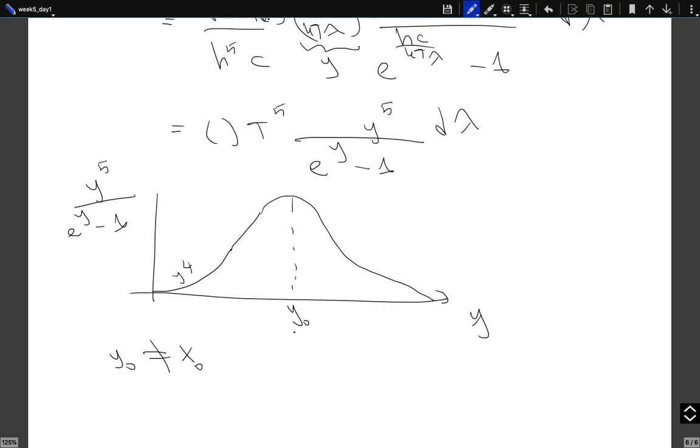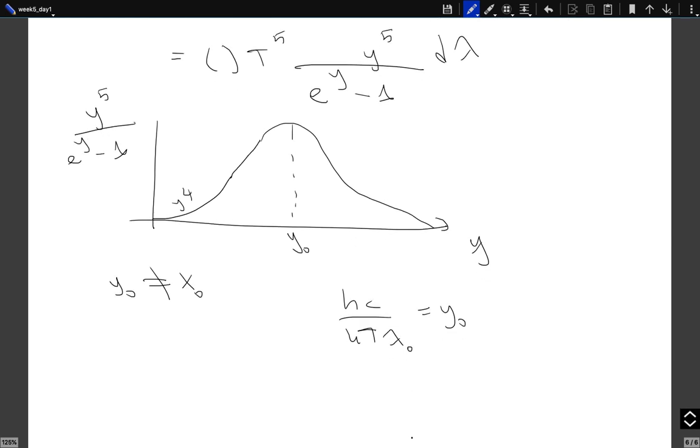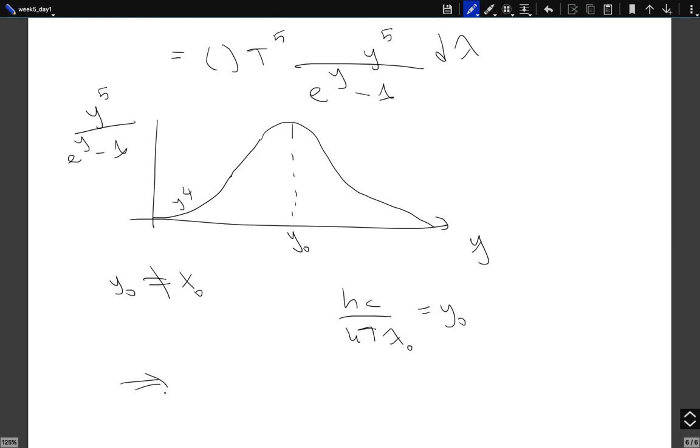So again, you can find the wavelength. So hc over kt lambda is equal to y0. Y0 is the wavelength at which the energy density per wavelength is a maximum. And this gives you t times lambda 0 is just some constant.